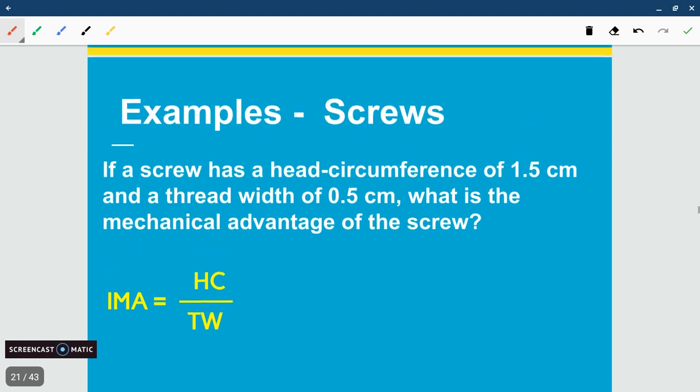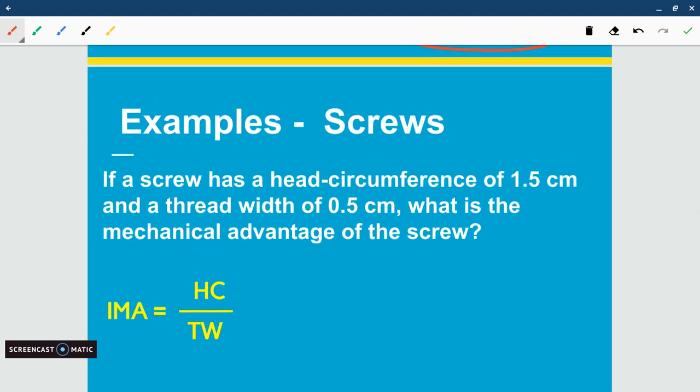So using the formula, we can see that it says if a screw has a head circumference of 1.5, notice that I do abbreviate so that you don't have to write out those words when you're showing your formula. Has 1.5 centimeters, thread width of 0.5 centimeters. So this is your thread width. What is the mechanical advantage of this screw?